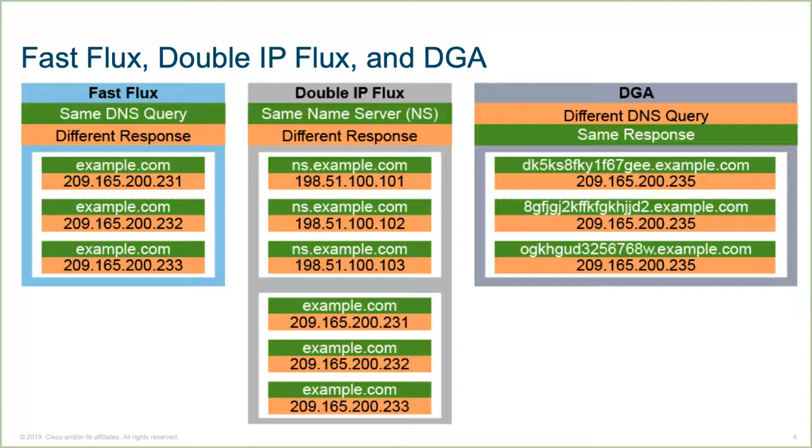So for example, fast flux would be a compromised network of many name servers that will be switched from one name server to another very quickly for the resolution between host name and DNS name. Double IP flux, once again, flux being changing, the double is referring to changing not only the host name to IP relationship, but also the authoritative name server.